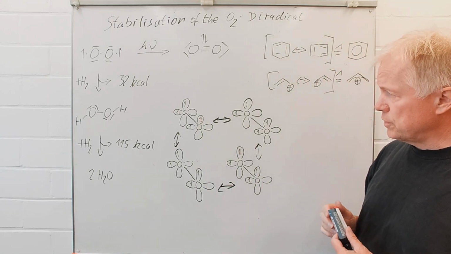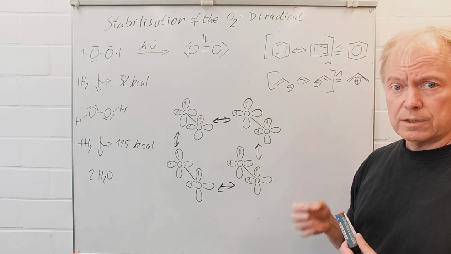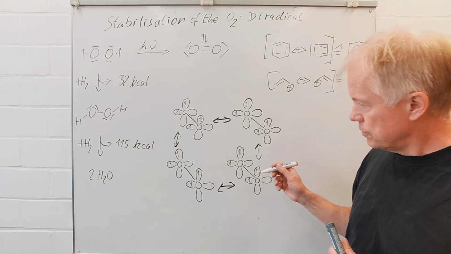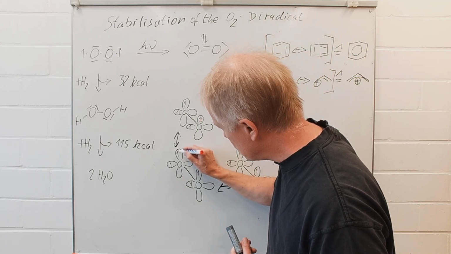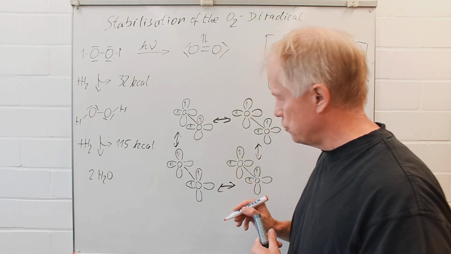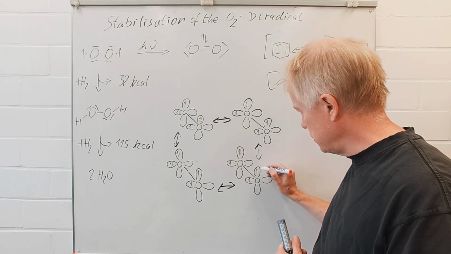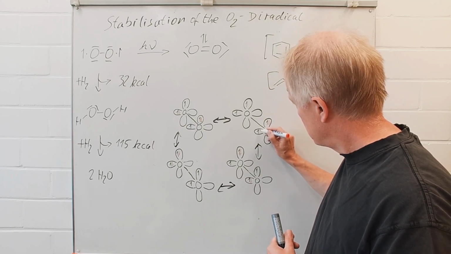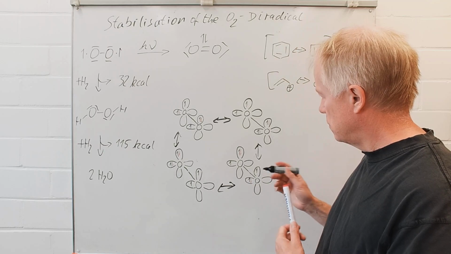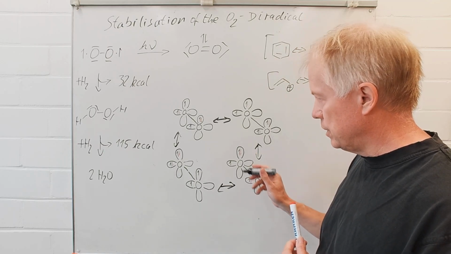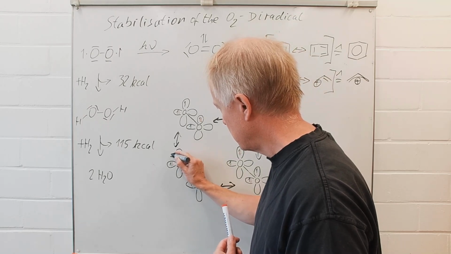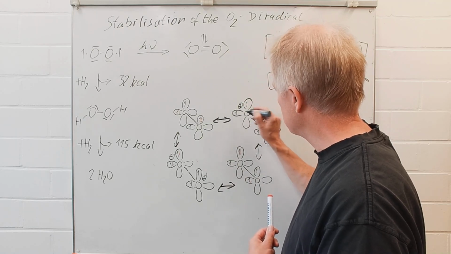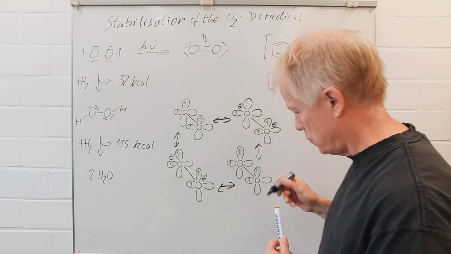Which other mesomeric structures do we have? Well, ionic ones, dipolar ones, with both fully occupied p-orbitals at one oxygen, and that means we have here a negative charge, there the positive, and here it is the opposite, positive charge there, negative charge there.